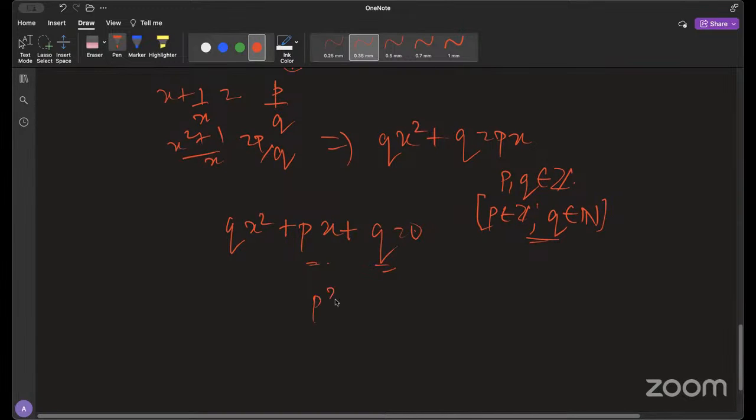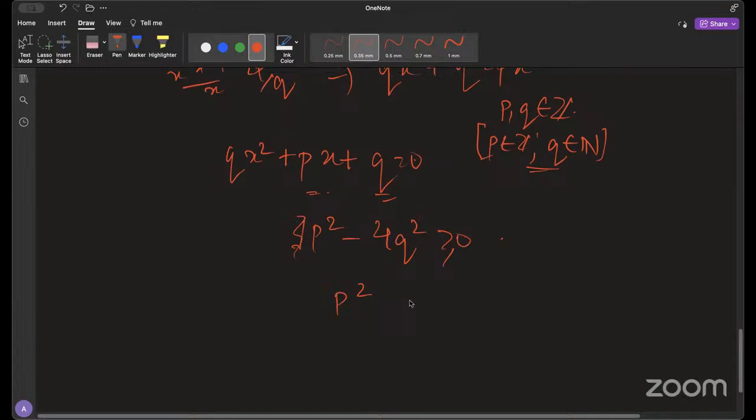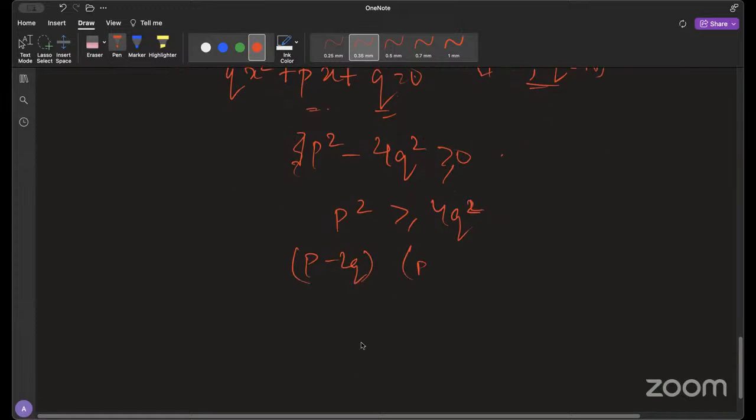You would want p square minus 4q square, right? You would want this thing to be greater than 0, or at least equal to 0. You would want p square to be greater than or equal to 4q square, or you can just say that you want (p minus 2q)(p plus 2q), so it's p greater than 2q and p greater than or equal to minus 2q.